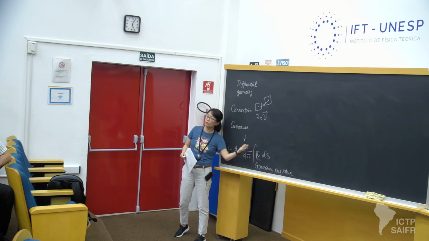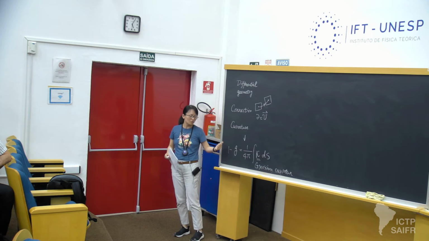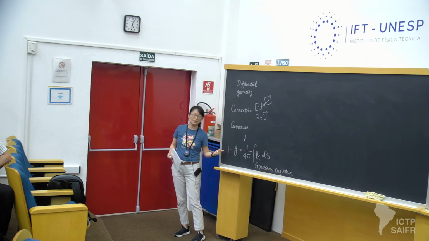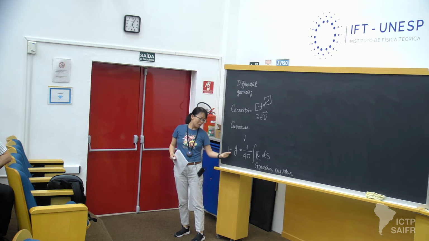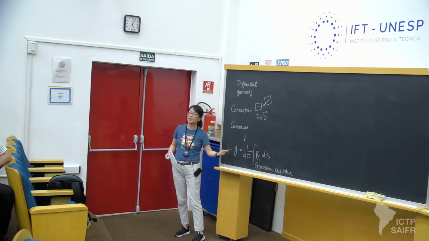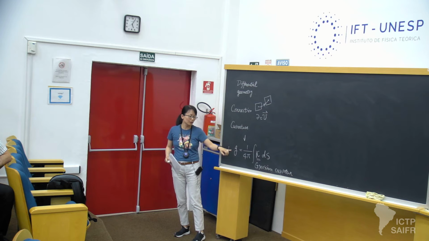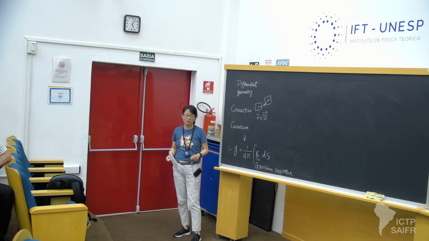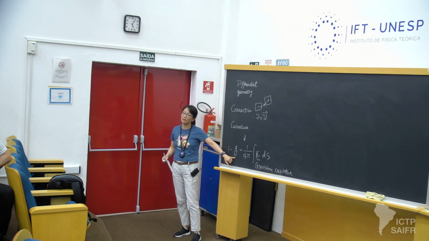And if it's a closed space, you can show that it must be an integer, and it is 1 minus the so-called genus number, which is the number of handles. So for example, if you do this integral on a torus, you're going to get 0, which means g equals 1.